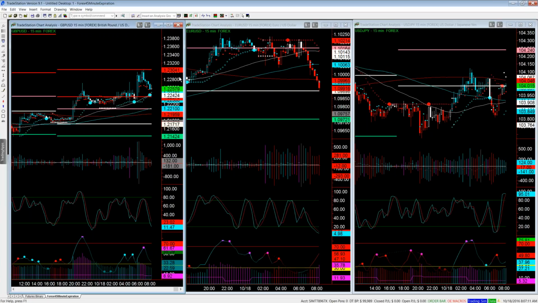So in the case of the euro dollar, you see that we have this red dot here that's telling me there is an entry. You also see that we are at the R1 level, and this is a typical area that's going to push price down. You also have an ATR directly above you.